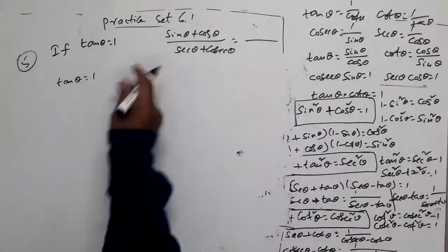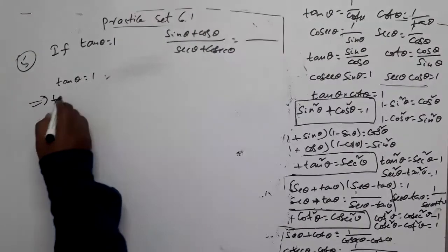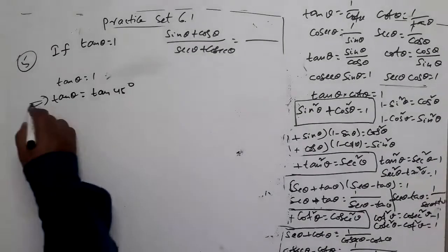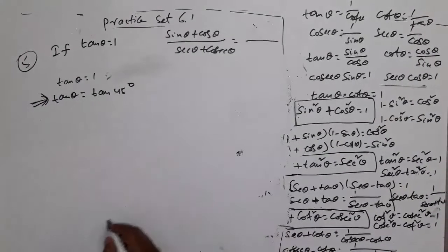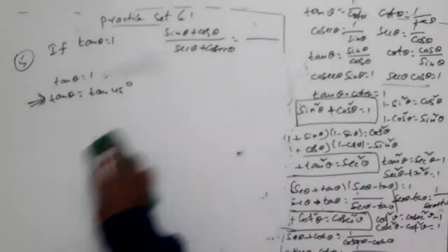We know this implies tan theta is tan 45 degrees. We know the values of the 6 trigonometric ratios for specific angles of 0 degrees, 30 degrees, 45 degrees, 60 degrees, 90 degrees, right? I am not discussing it here, but you know that.